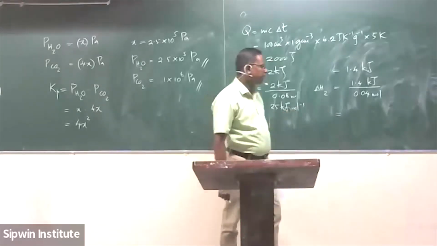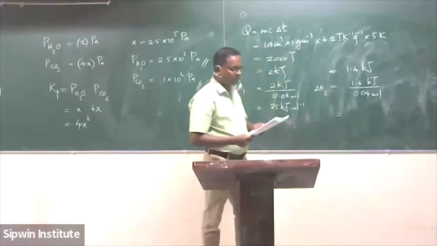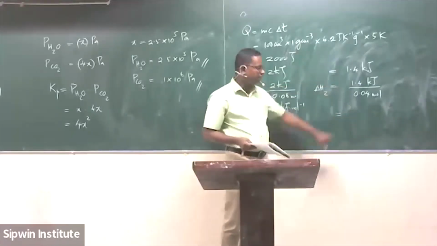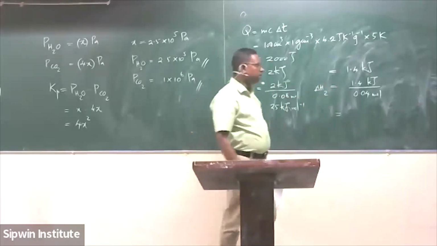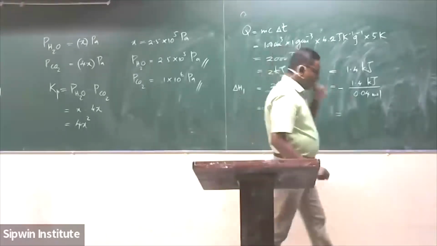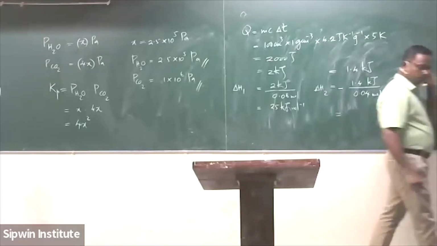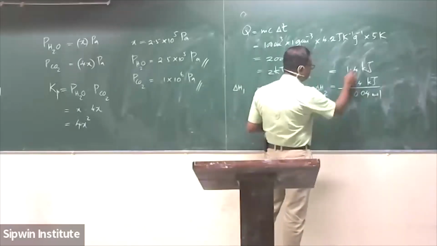In calculating the delta H, up to this place, when applying mc delta T, there is no need for the plus or minus sign, but for the enthalpy change you definitely have to give it. Here the temperature rises, so when writing that, definitely a minus sign should be there.